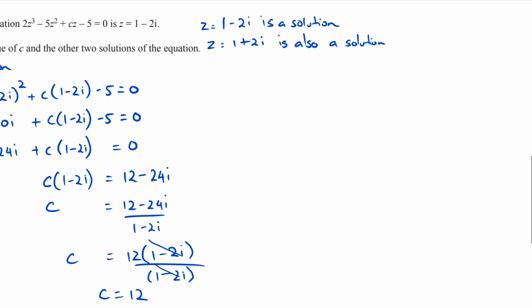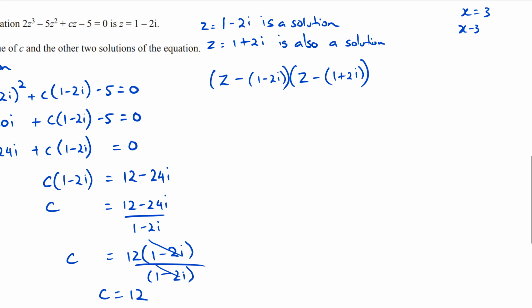Our first solution is 1 minus 2i, which means in the brackets it's going to look like this: z minus (1 minus 2i), because that's our first solution. Our second solution is 1 plus 2i, which is going to look like this. Remember, when x equals 3, then x minus 3 is the factor, and that's exactly what's happening here.